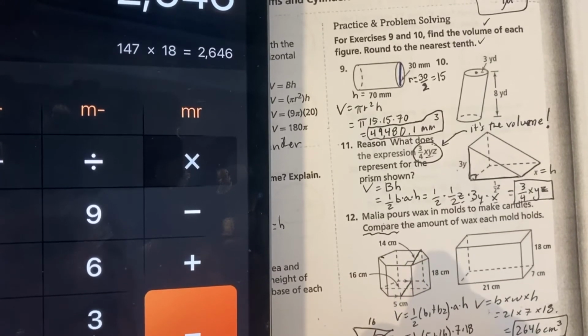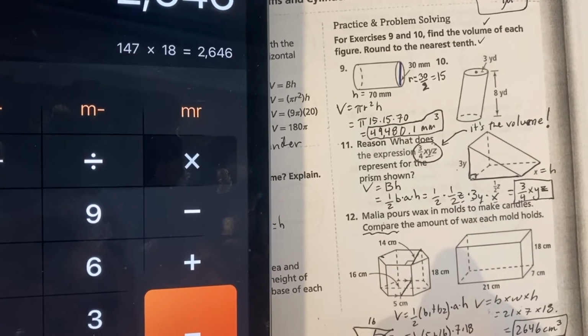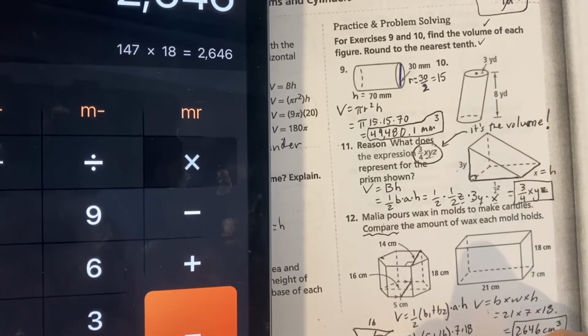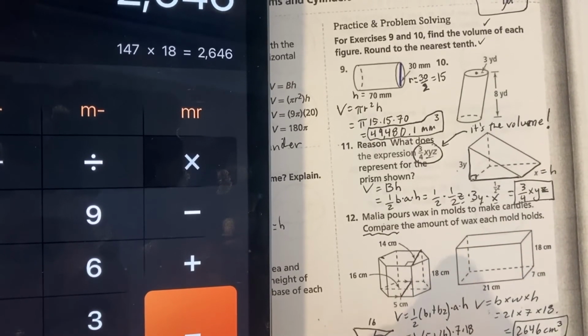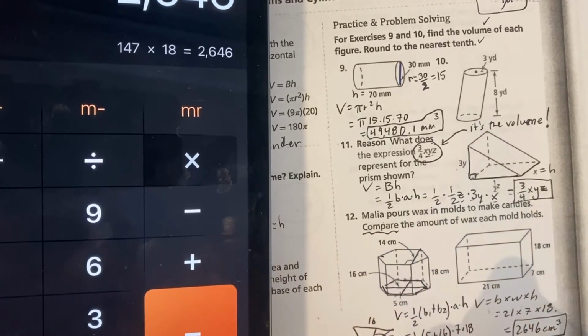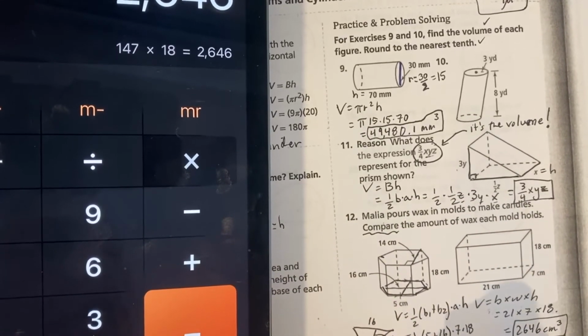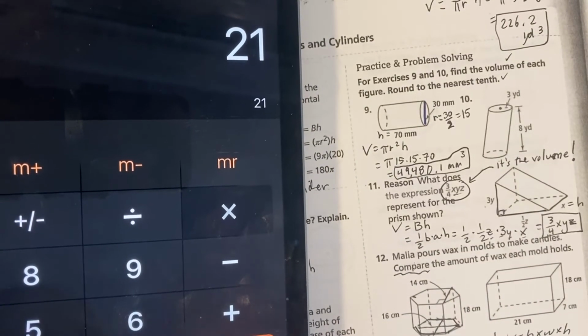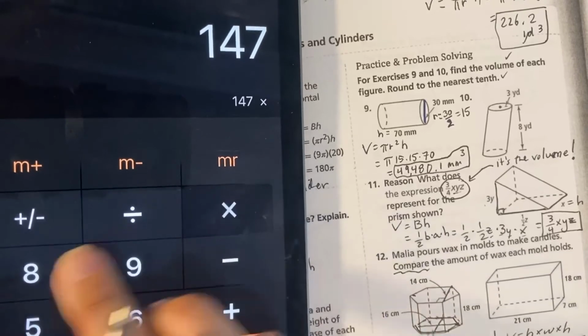So 1/2, and that's 21 times 7 times 18. And then remember, I'm going to multiply everything by 2, because that's the trapezoidal prism, but then I've got another trapezoidal prism back there. So I'm going to double it. So I get 21 times 7 times 18.